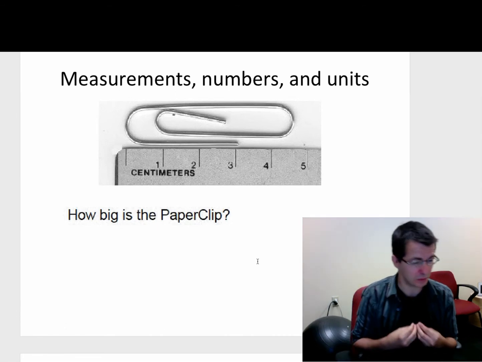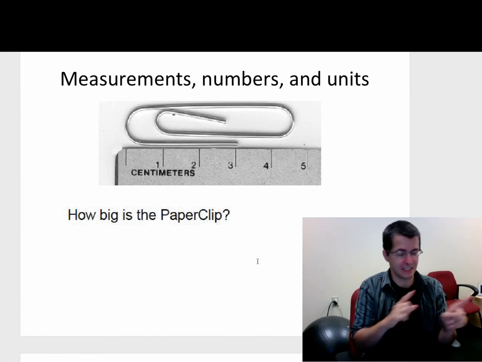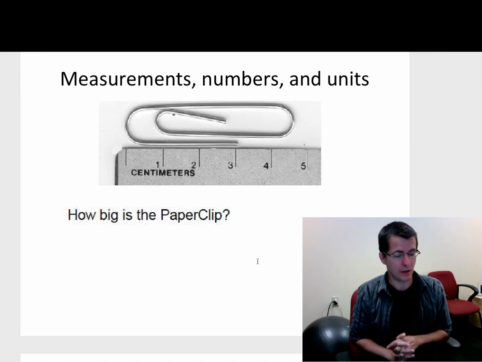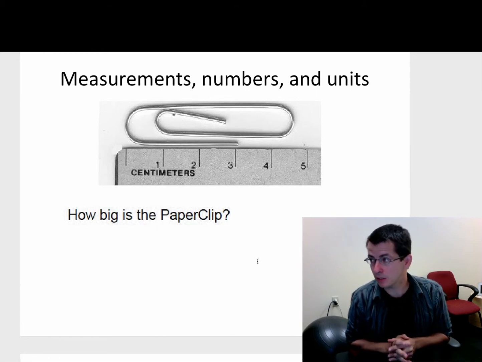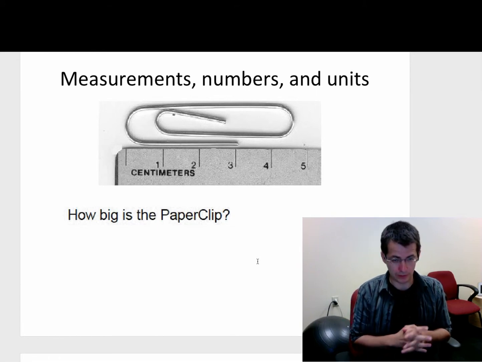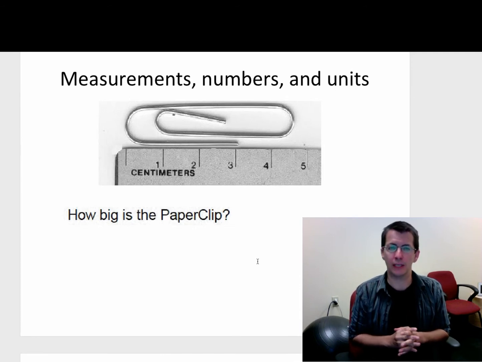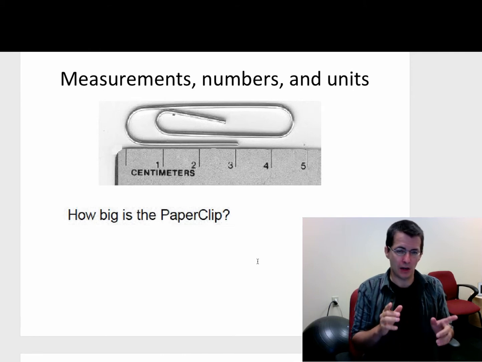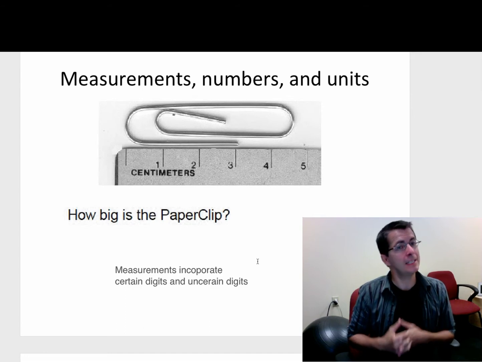We can say with a pretty high, according to this scale, if we ignore the fact that the scale might be different, according to this scale, the measurement says that it's somewhere between 4 and 5 centimeters large. Right. That is what we're pretty sure about. We're pretty sure that with no uncertainty that the paperclip is somewhere between 4 and 5 centimeters.